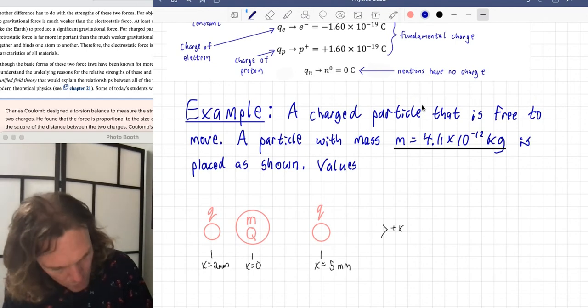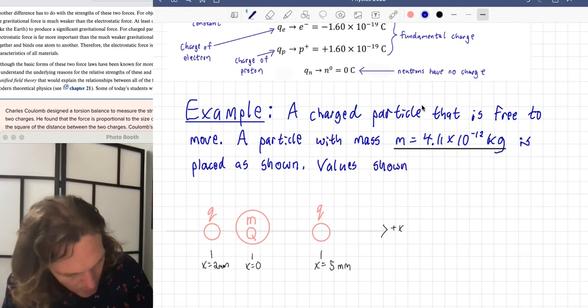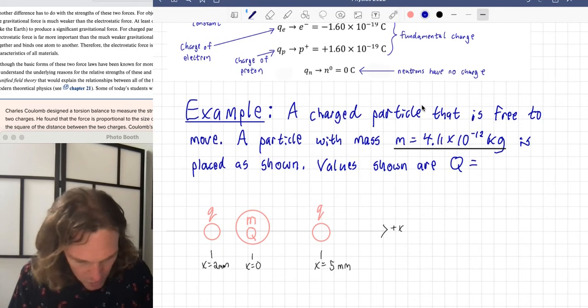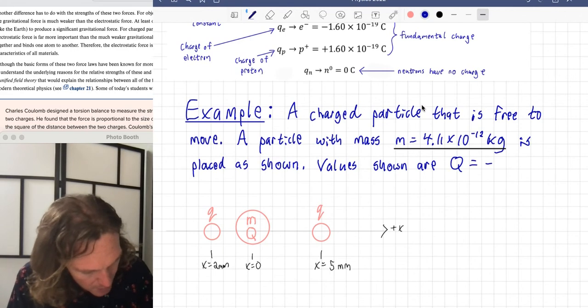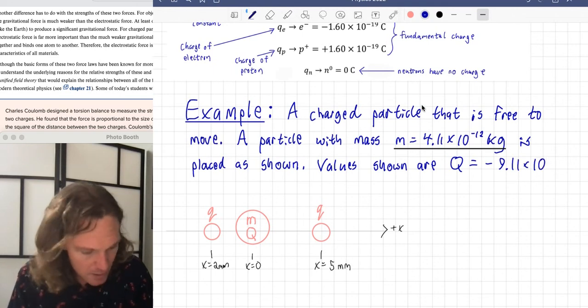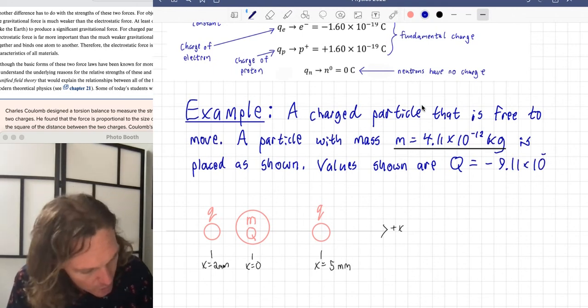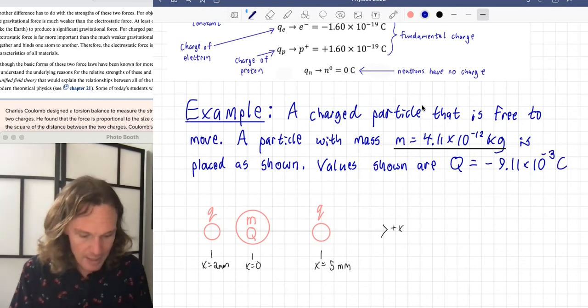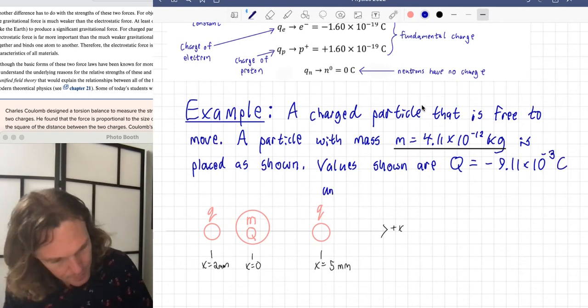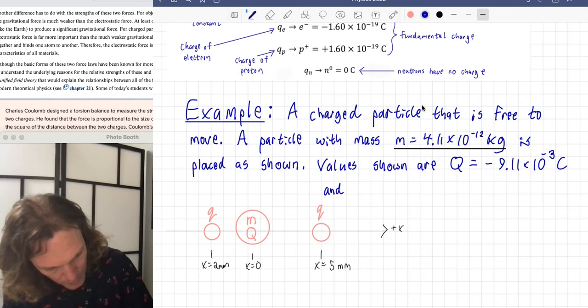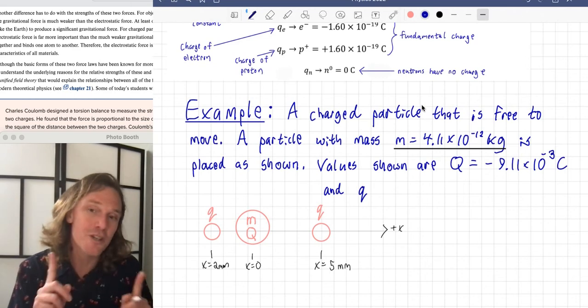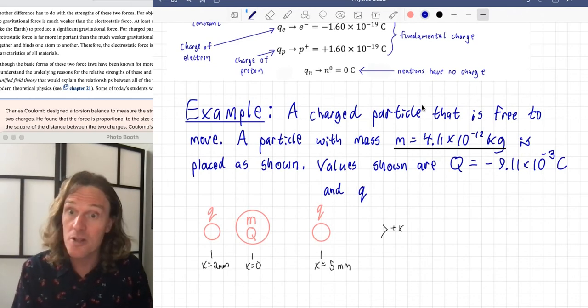So I'll say the values shown are: Q, which is going to be negative 9.11 times 10 to the negative 3 coulombs, and then little q shared by both of the charges, which are fixed in place, which is why I'm not going to give you their masses.